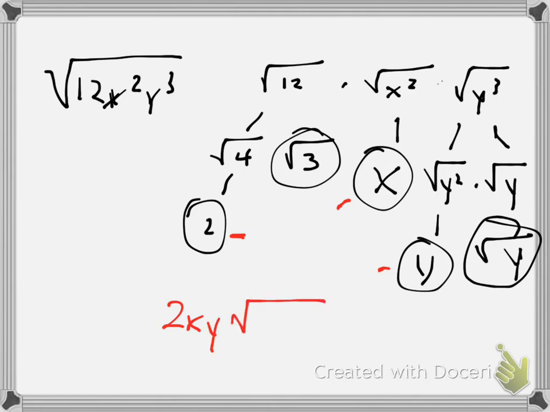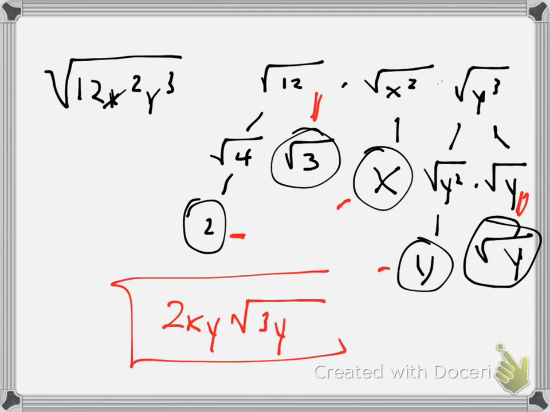What's inside the radical is going to be this guy right here and this guy right here. So I'm going to multiply those together. 3 times y is 3y, and this right here is my final answer. So what I'm going to do now is go over one more problem that has only variables in it, so you can see one more example of how we pull those out.